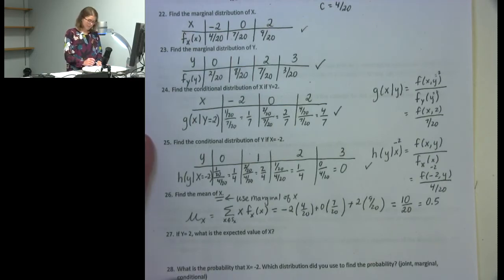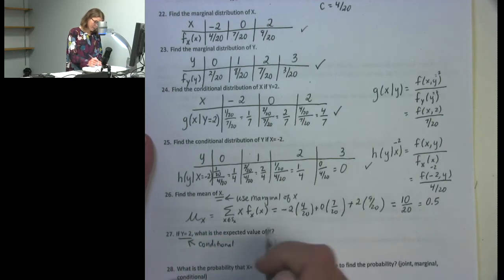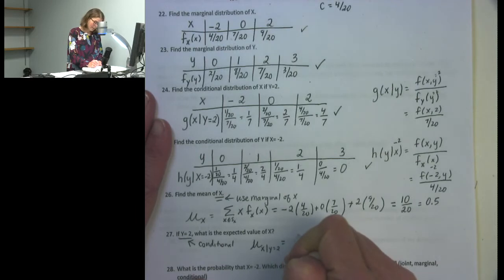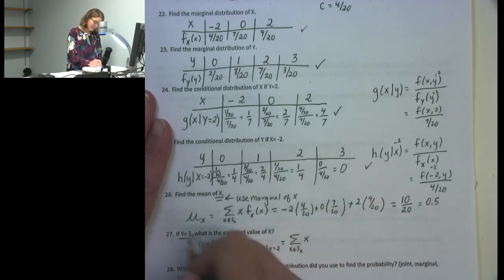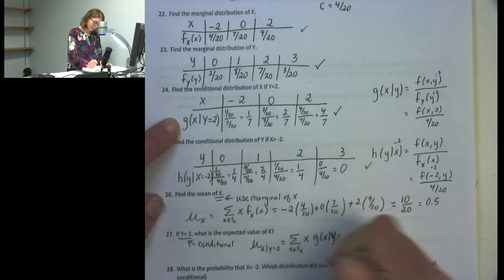For question 27, I'm trying to find the expected value of x if y is equal to 2. So here I'm using the conditional distribution. So my expected value of x given y is equal to 2, I'm going to sum over all the different values of x that are in the space of x, x times this conditional probability, g of x given y equals 2, y, the random variable, equals 2.